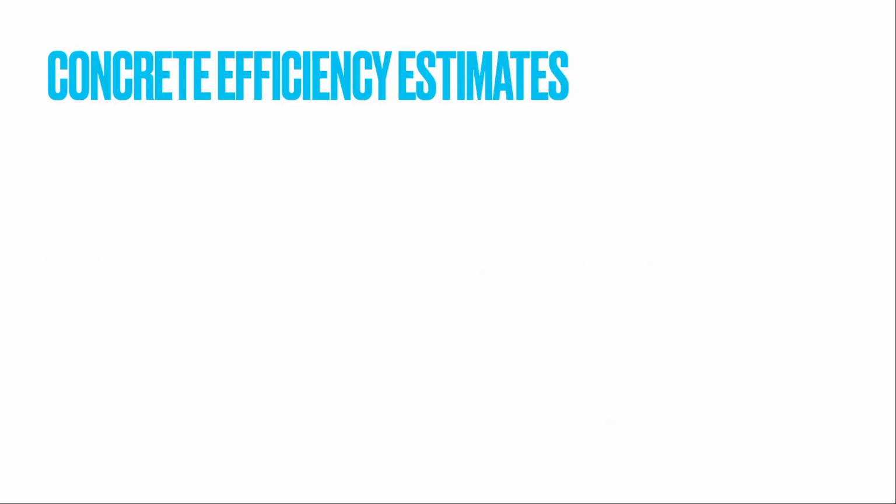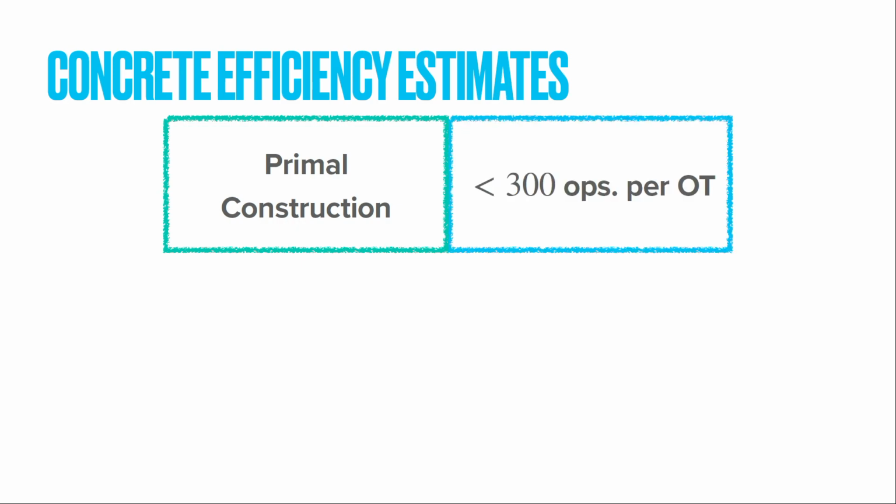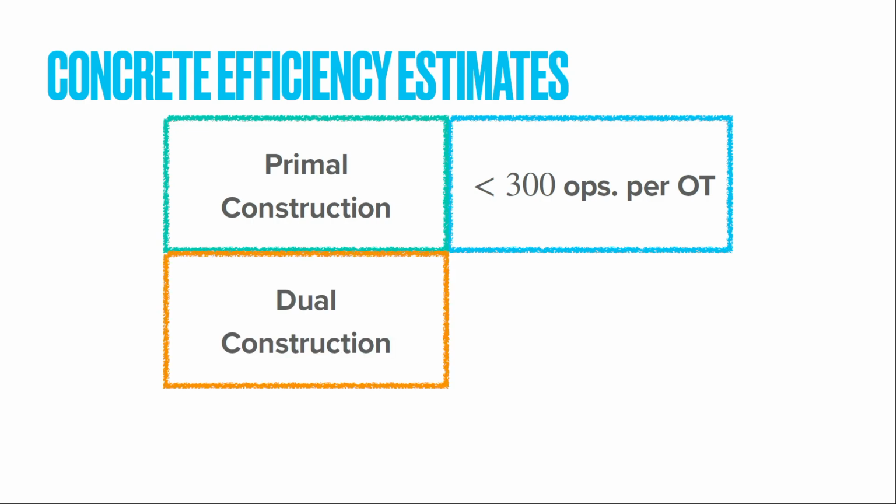Okay, good. Allow me to very quickly give some sense of the concrete efficiency estimates. In fact, we give two constructions depending on the flavor of the learning parity with noise assumption that we use. We have a primal construction where at the moment we have roughly 300 operations per OT, independent of the level of security. We also provide a dual construction based on what we call repeat accumulate codes.